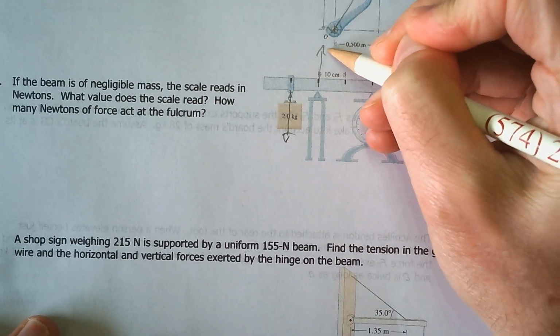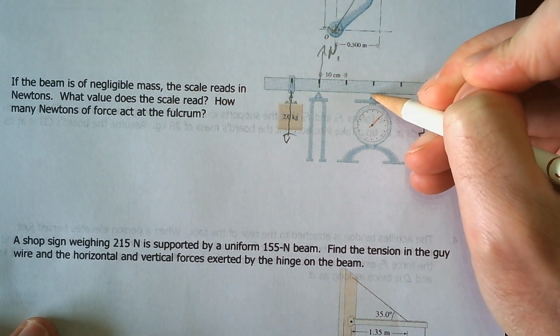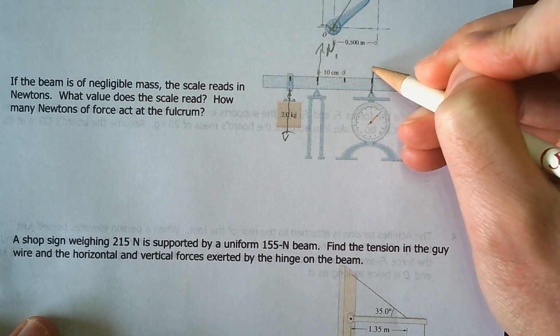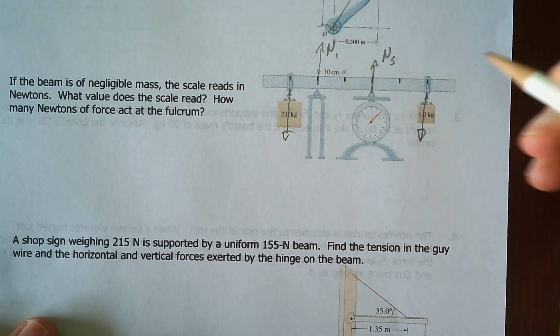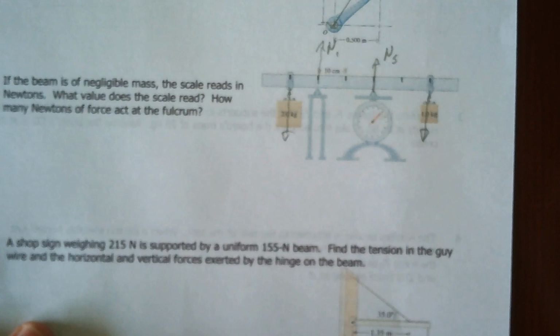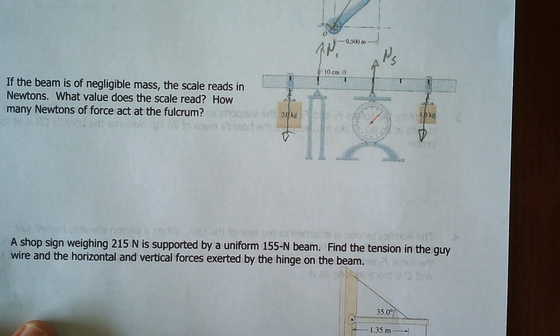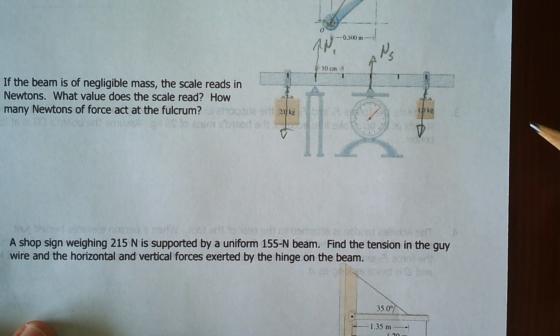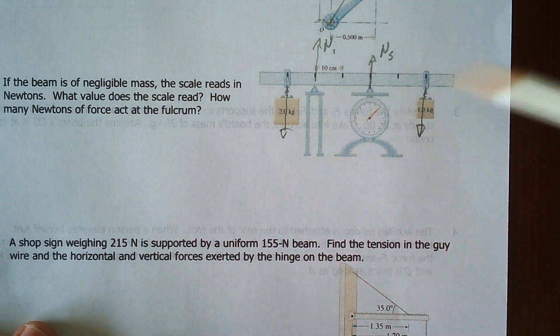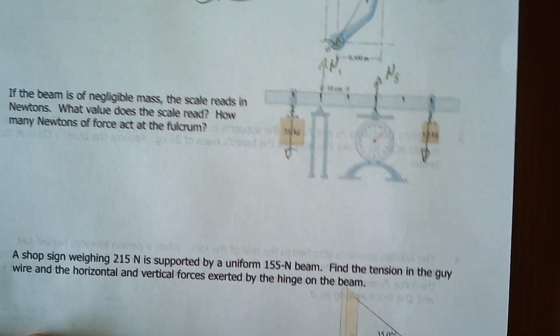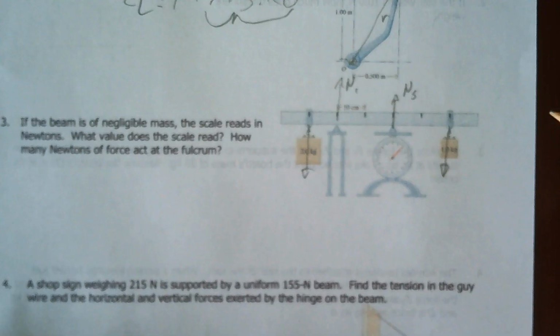There's a force here, let's call it N1, and there's a force upward here, we'll call that N scale. That's the one I want to know. So these two are unknowns. I could write N1 plus Ns is equal to 30, but that doesn't help me. I need to use torque to figure this out.